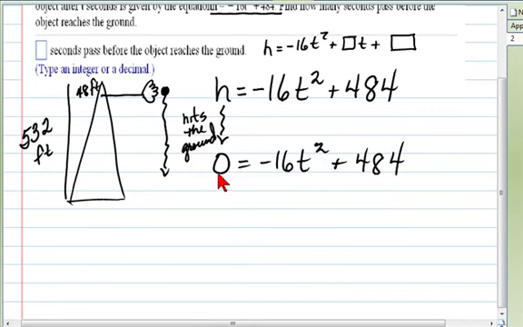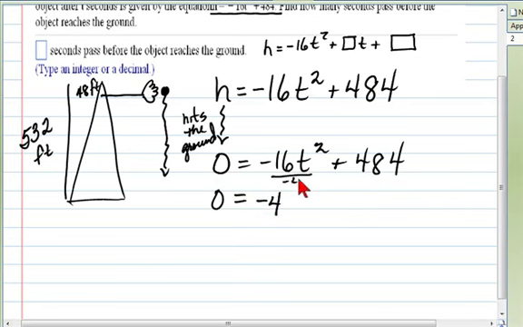Yes. All right, so the only way I know how to solve it is hopefully to factor. So I'm going to keep the 0 is equal to. Is there a common factor? Well, we know we don't like the leading term to be negative. So I have to factor out at least a -1. But is there a common factor between 16 and 484? There is. It's 4. So what I'm going to factor out is -4.